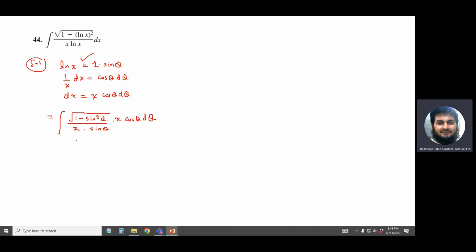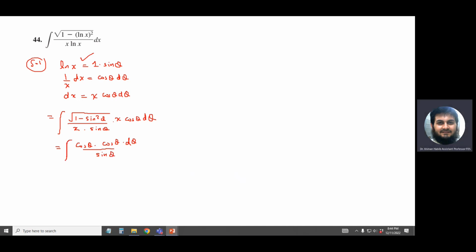So the x cancels with this x, and under the root we have 1 minus sine square, which is cos square theta. The square cancels with the root, and we will have cos theta into cos of theta into d theta, and in the denominator we have sine of theta.